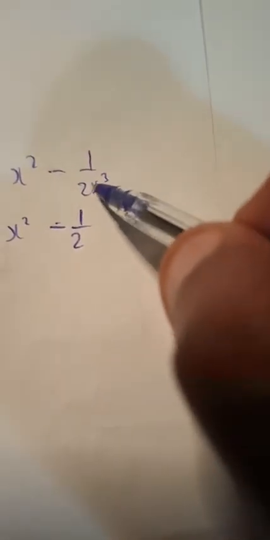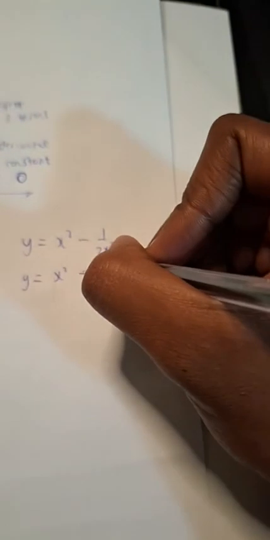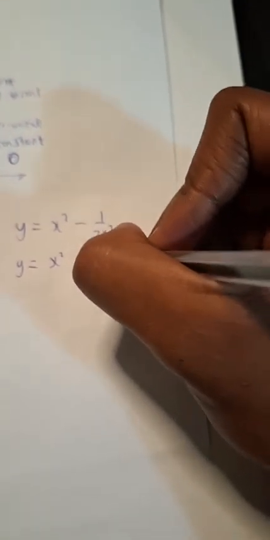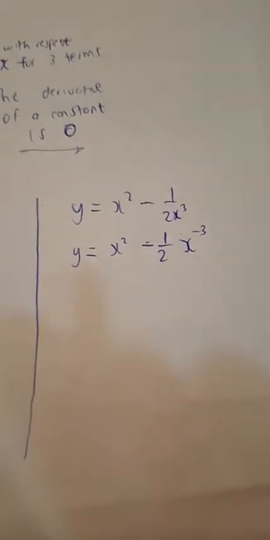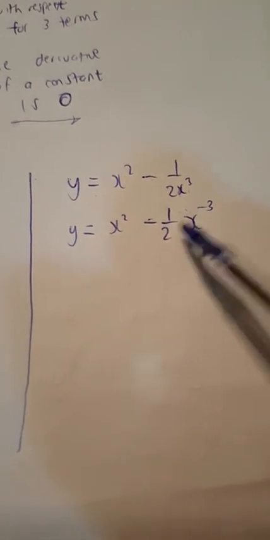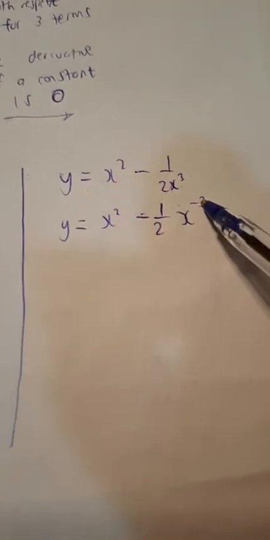So this can be moved because it has that relationship. The inverse of multiply is divide, all right? So we can move and write the inverse. So x to the power 3 can be written as x to the power negative 3 in the numerator, if that makes any sense. Okay, so you can write 1 over 2. This becomes x to the power negative 3.